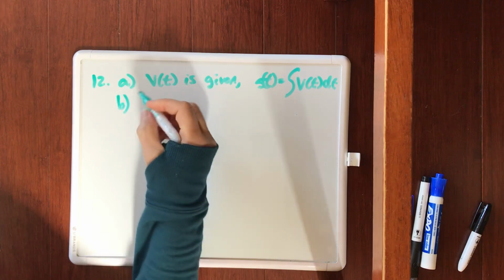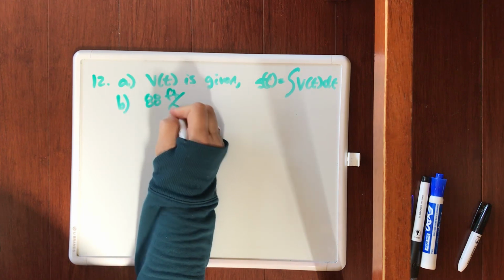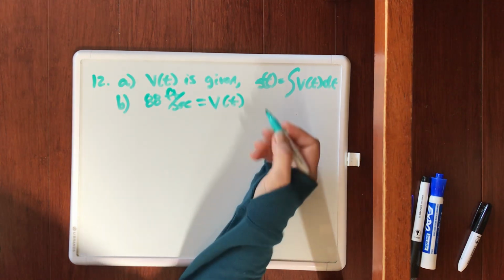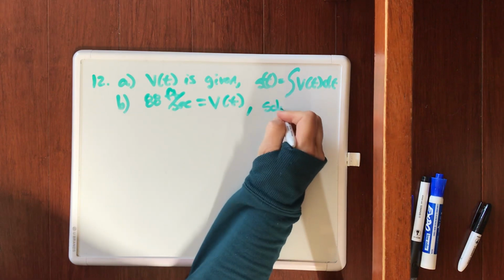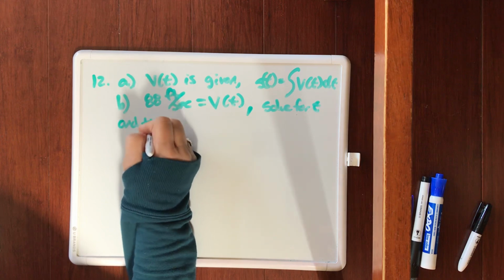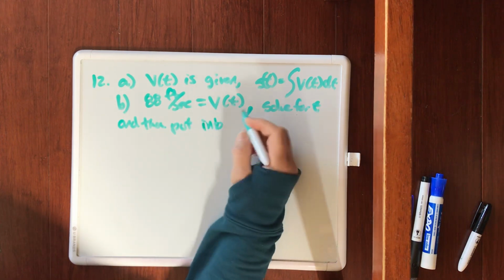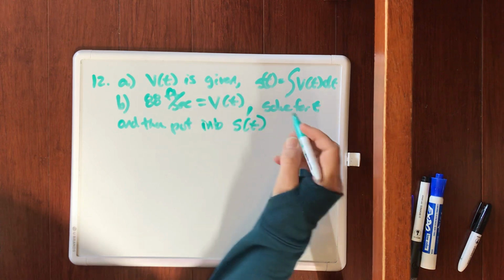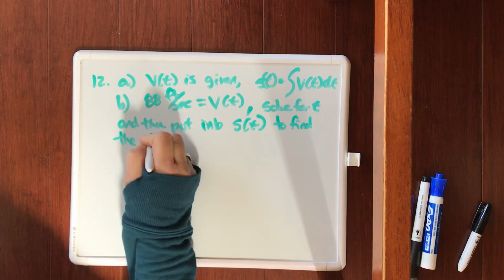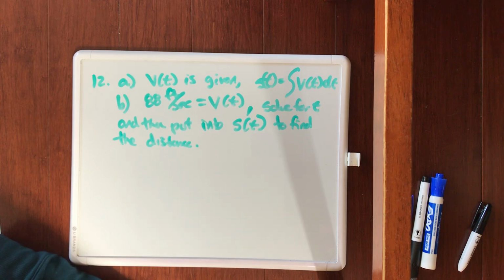Okay, for B, they're giving us 88 feet per second equals v of t. So what you need to do is solve for t, and then put that answer into s of t to find the distance. Now this will all make sense when you're actually doing your work.